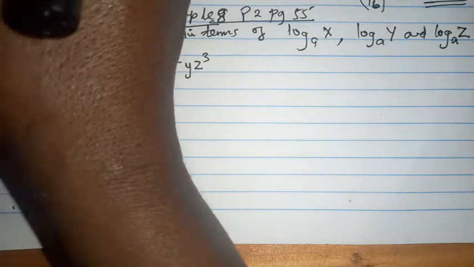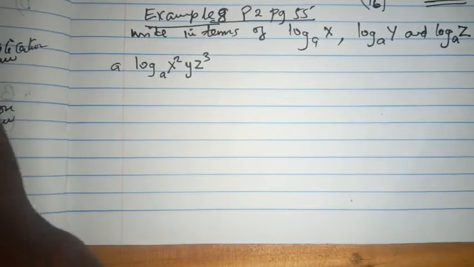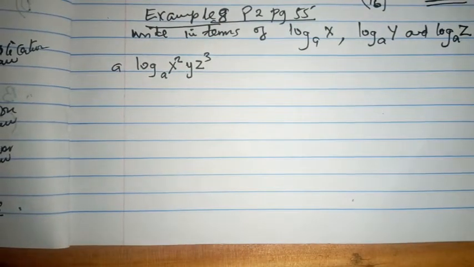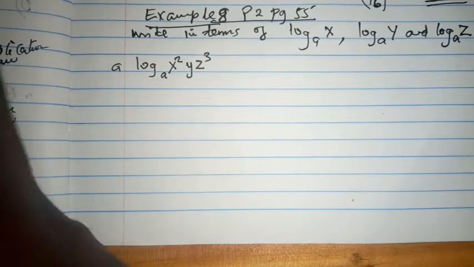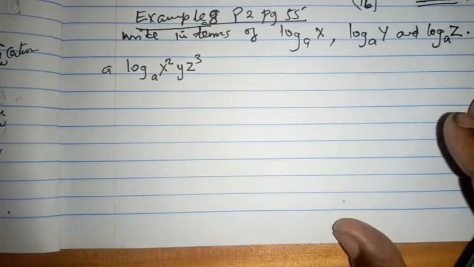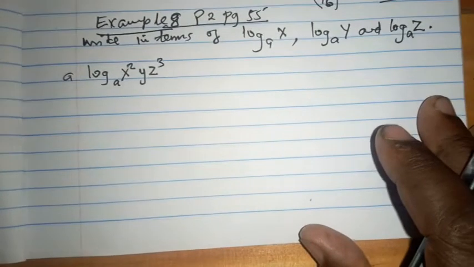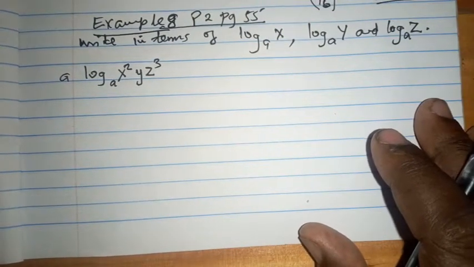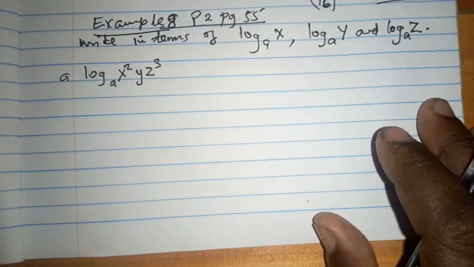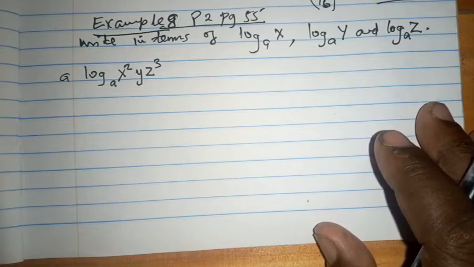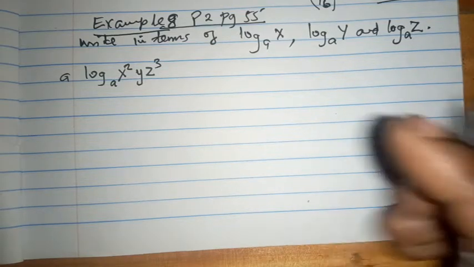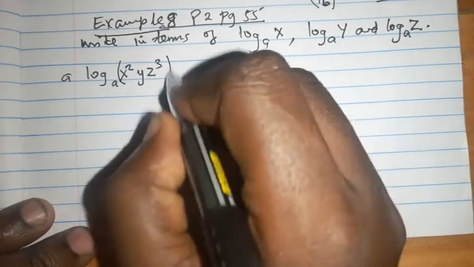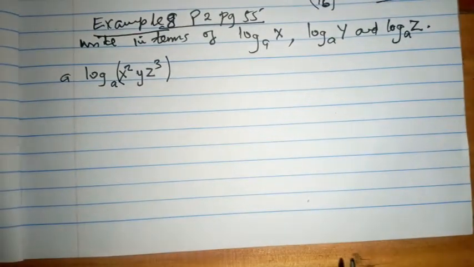I want to explain example 8 of Pure Mathematics 2 on page 55. Even as we get to the end of the topic, we need to understand a few things, and we must remember that we have outlined the laws of logarithms in a previous video.